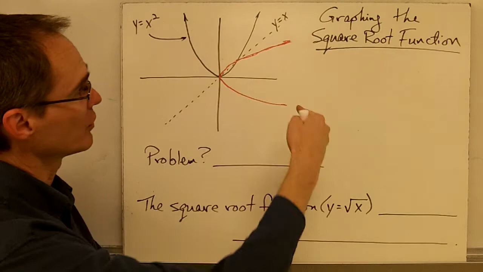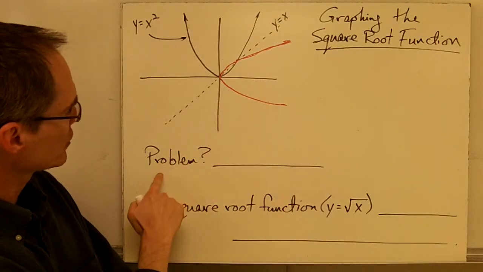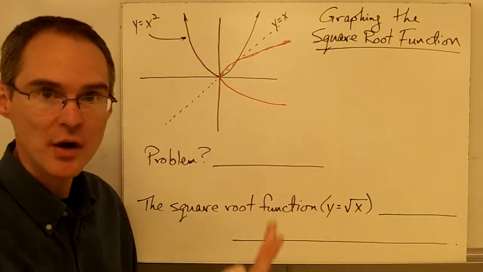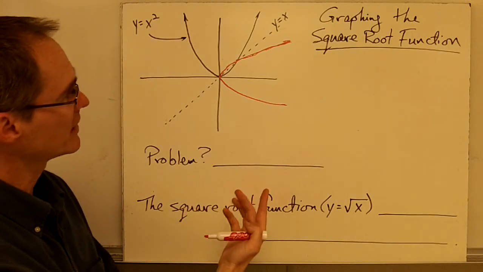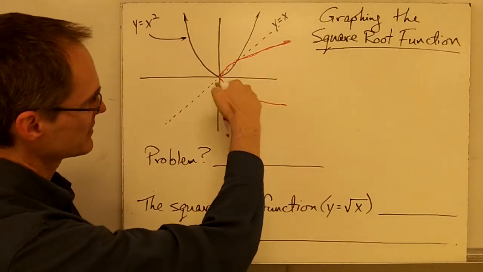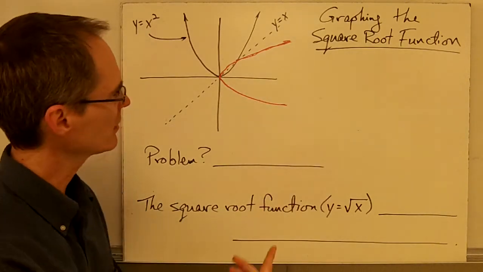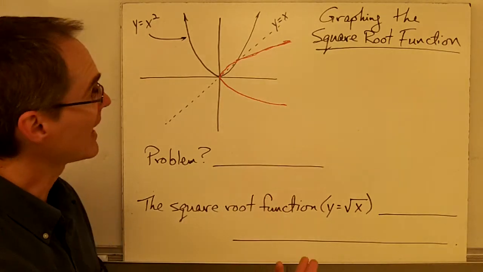And this is what the graph of the square root function looks like. Now you notice in your notes it says, do you notice a problem with this new function that I've created? One problem I notice is that if this sideways U is supposed to be a function, then I do have a problem, because it doesn't pass the vertical line test.